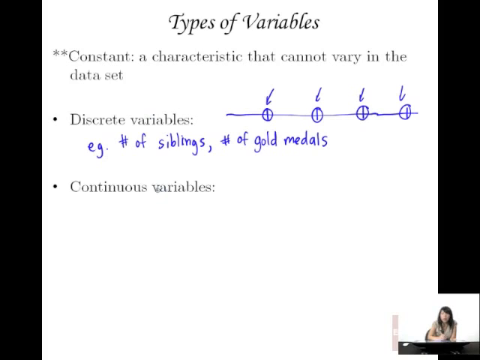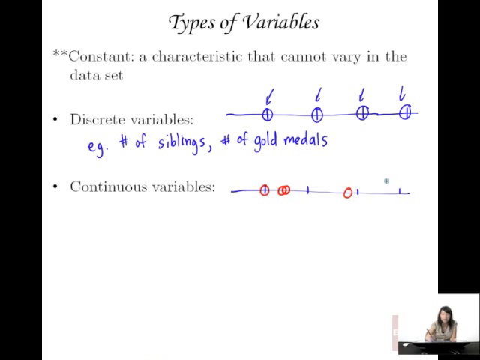Continuous variables are exactly the opposite. We might have whole numbers like 1, 2, 3, 4, but when you have a continuous variable, you could have this be the value, or this be the value, or the one right next to it, or over here. Any of these values can contribute to the variable.